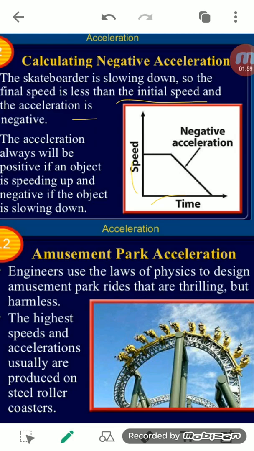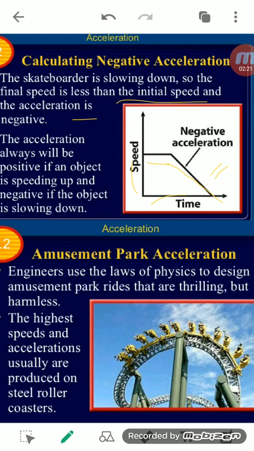Here at first the speed was constant, and after that it starts slowing down. So the speed becomes less than the initial speed, so the acceleration is negative. Okay, so this is a graph for the negative acceleration.